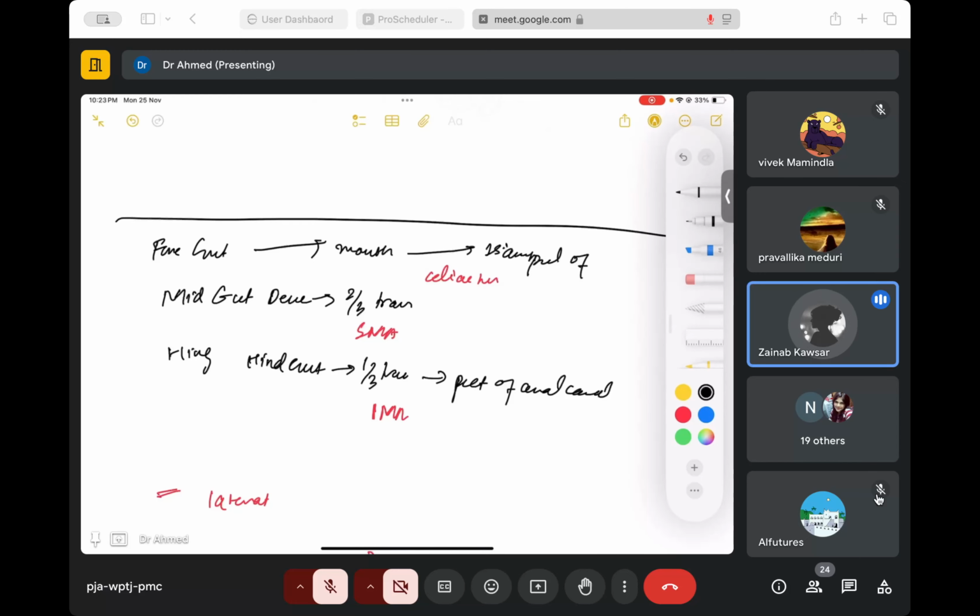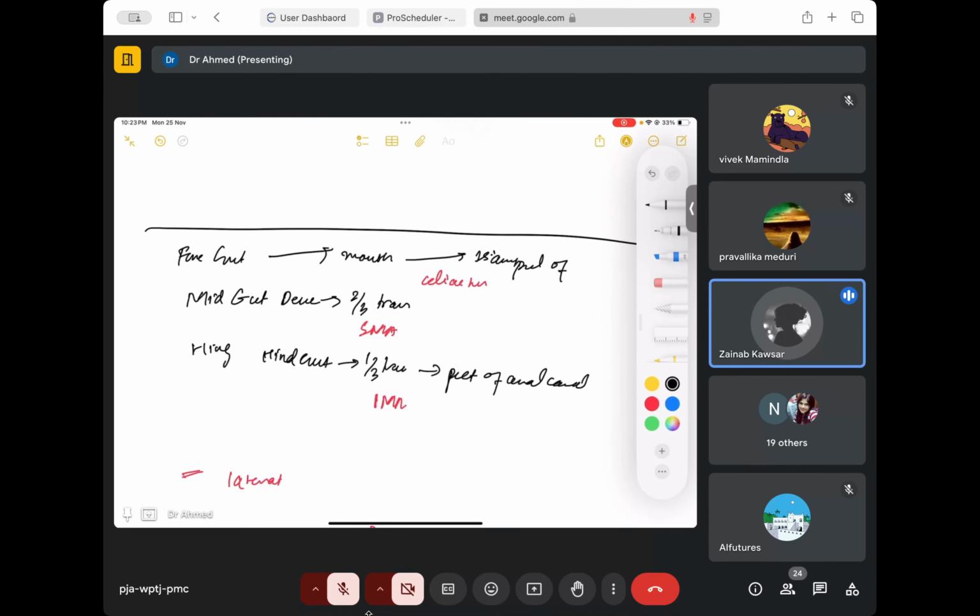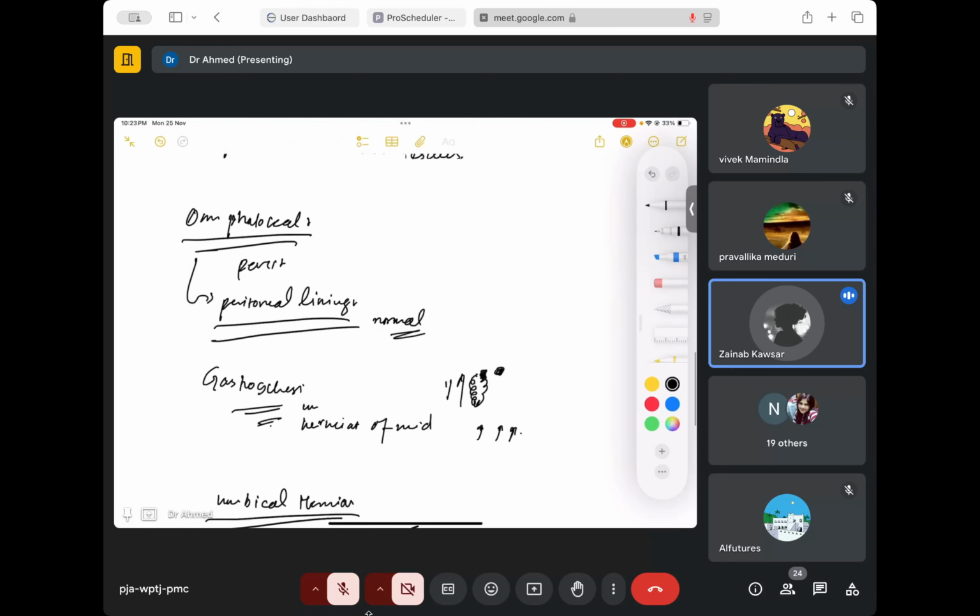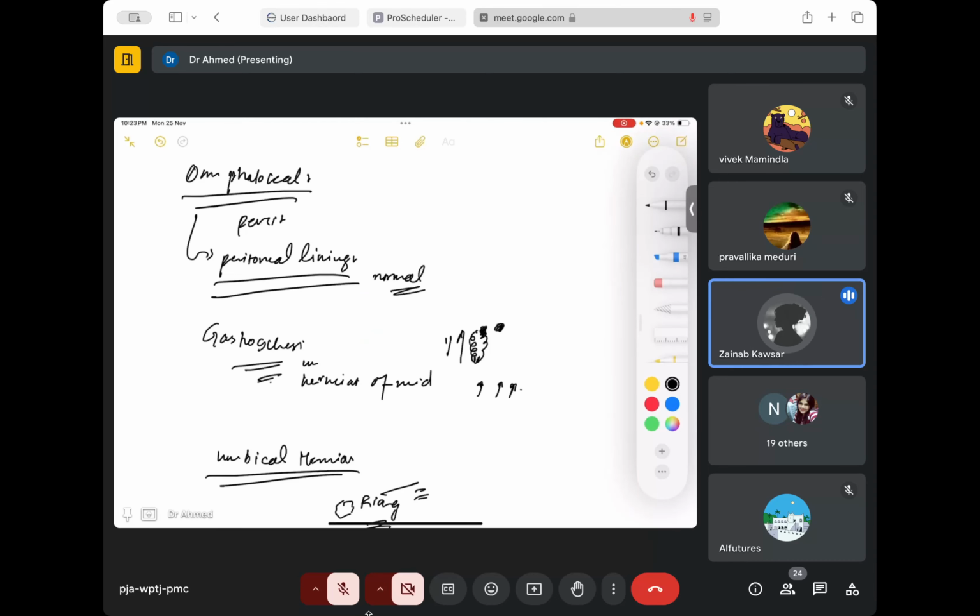Alpha fetoprotein would be normal in this condition because it is covered by peritoneum. It's associated with chromosomal abnormalities like trisomy 13 and 18. And in gastroschisis, the abdominal contents herniate through an abdominal wall defect, usually on the right of the umbilicus. Yes, perfect.